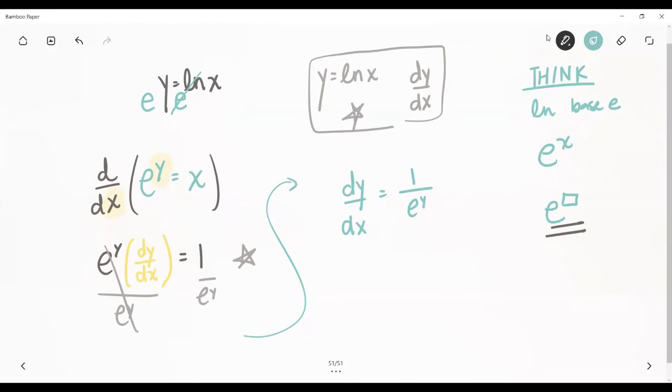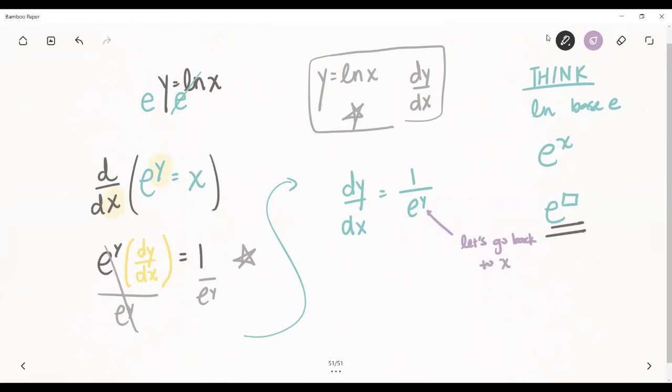But again, let's think back to what we tried to do: rewrite this so it was e to the y. But originally we had a function of x's. So do we know what e to the y is in terms of x? Our goal is, let's go back to x.